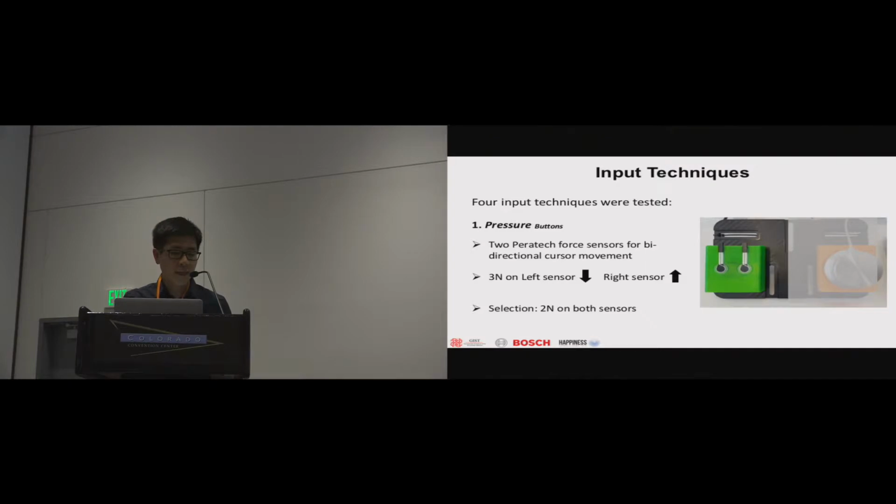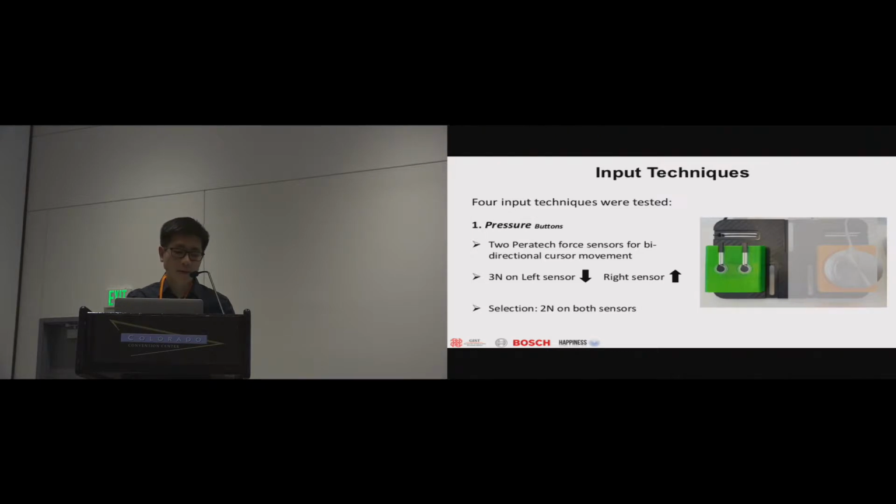We tested 4 input techniques, the first being pressure-based buttons. We used 2 force sensors to allow bidirectional cursor movement, so the user can move up and down the list. We placed both of these sensors on a 3D printed case, which I'll explain in a few slides. To move the on-screen cursor, users had to apply 3 newtons of force on either of the sensors.